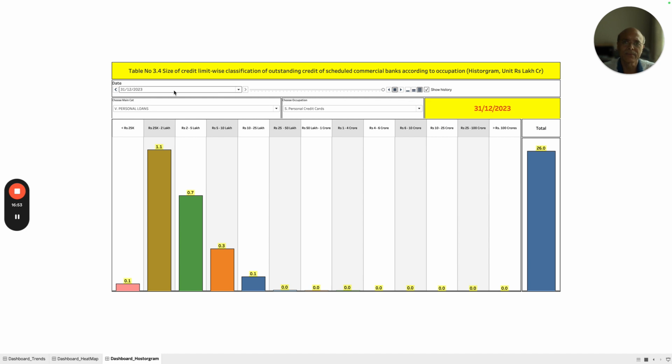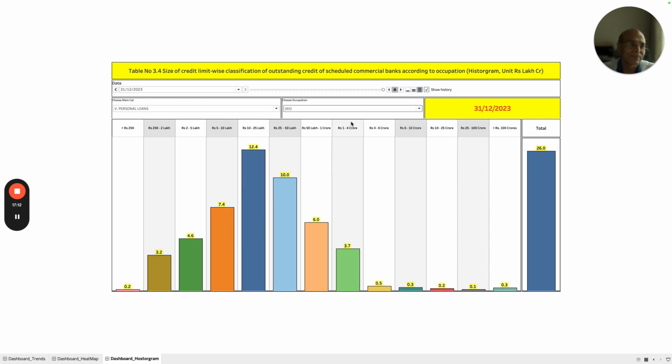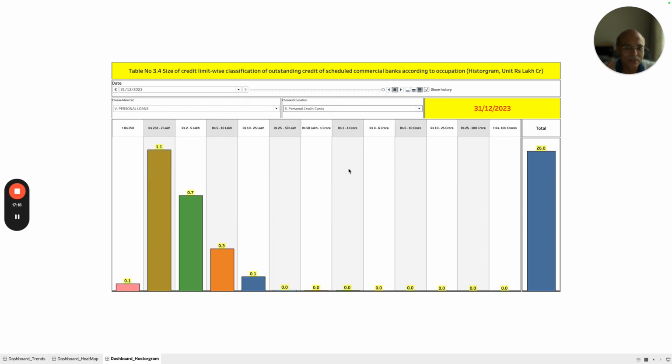So at the end of December 2023, 1.1 lakh crores and 0.7 lakh crores is 1.8 lakh crores out of 26 lakh crores total. When I say this segment, I basically mean the full segment. Okay, not this segment, the full segment, right? So that is the difference. You need to know the distinction.